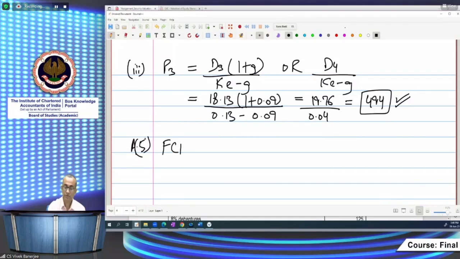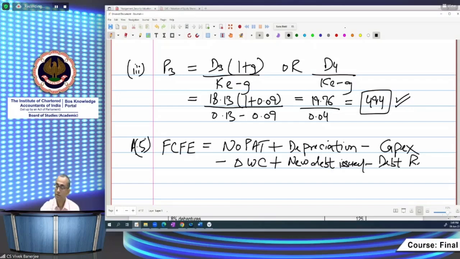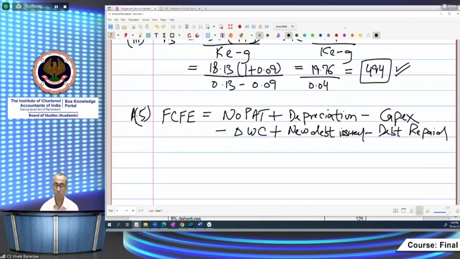We can write it in short form as FCFE, free cash flow to equity, is equal to NOPAT, that is net profit after tax, plus depreciation, minus capex, means any change in capital expenditure, less any change in working capital, plus new debt issued, minus debt repaid.